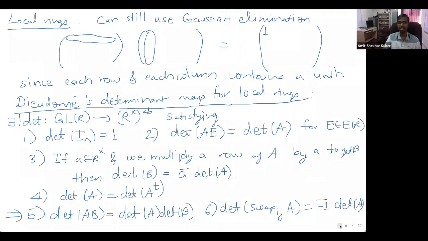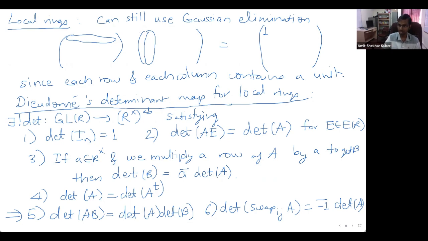What we did in this argument was consider the ideal generated by elements in a row or elements in a column. But for a Dedekind domain, the ideals are not necessarily principal. Not every ideal is principal. The ideals are generated by at most 2 elements.